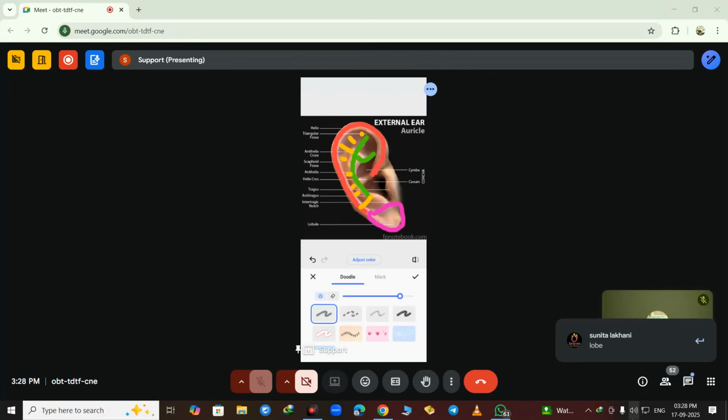Why lobe? Now you guys tell me, ऊपर क्यों नहीं पकड़ने को कहते? Why is the lobe being pinched as a punishment thing, and since how long has this method been practiced?